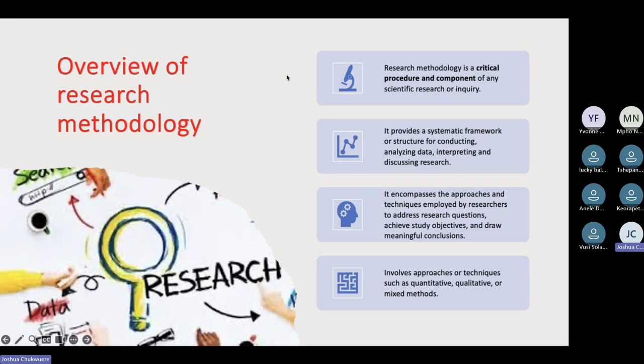In this case, we're following the research onion, which has laid out all the processes that cover research methodology. You can look at any other one that you want and then stick to that.